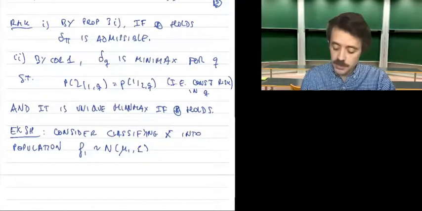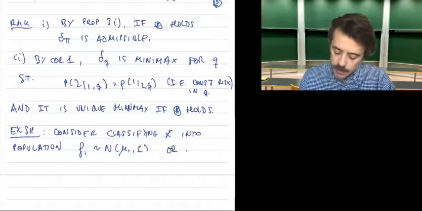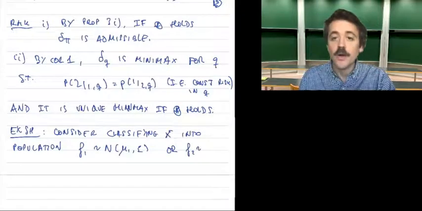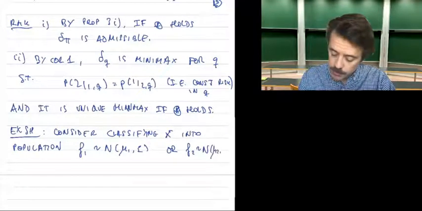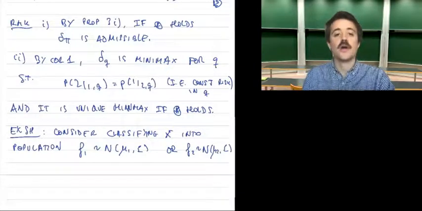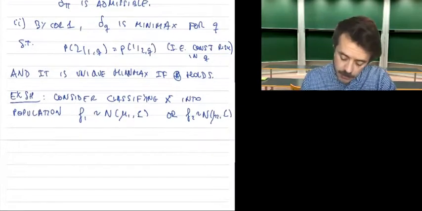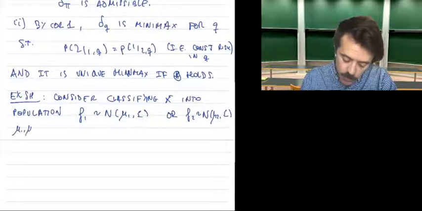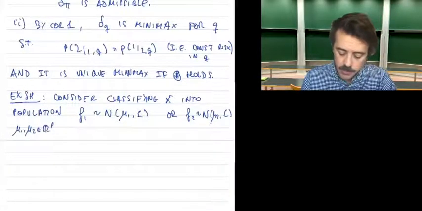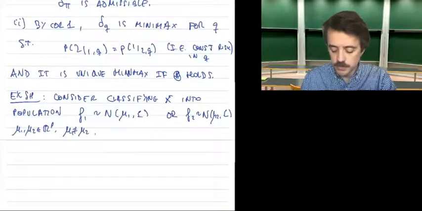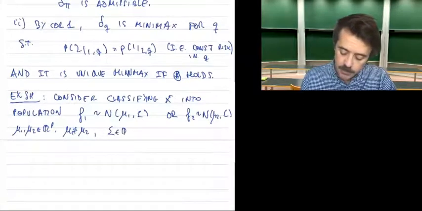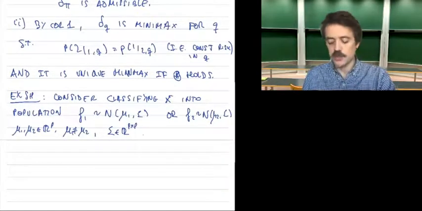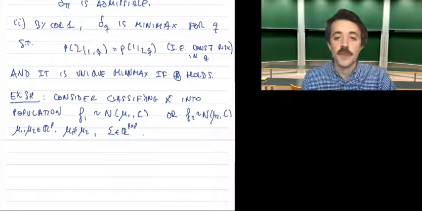This is multivariate, or F2 according to just the same thing but with a different mean. Okay, where mu1, mu2 belong to RP. They should be distinct, right? Otherwise, there is no problem to solve. And this capital sigma belongs to RP times P and is, of course, a covariance matrix. Yeah?